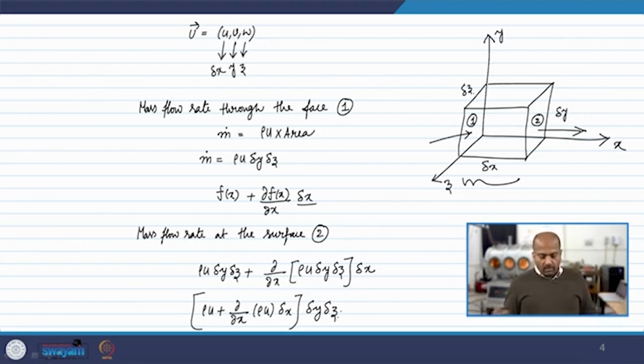So, you understand what I have done, right. I have taken delta y delta z as common and kept it outside the bracket.